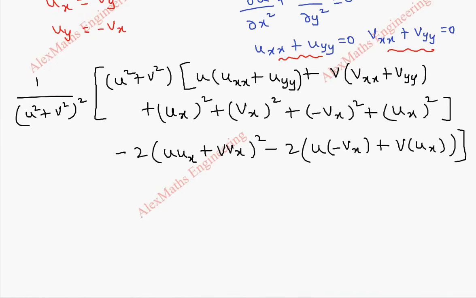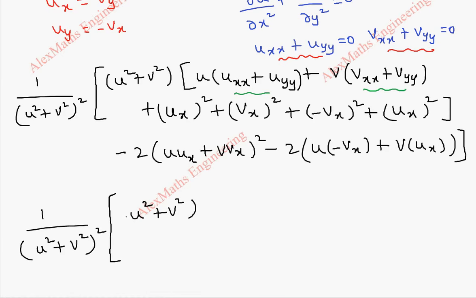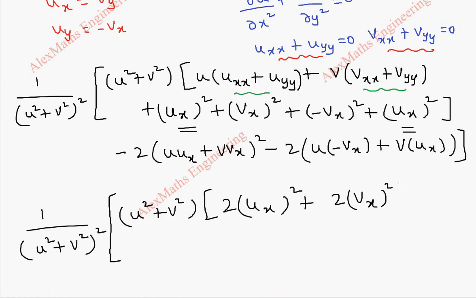Now anyway, these two terms become 0, and after that let's write the remaining, that is 1 by (u square plus v square) whole square. Then outside we have u square plus v square. After this becomes 0, we can add these two terms. So 2ux whole square plus 2vx whole square. When I square, this becomes positive, and we can add these two as 2 times.